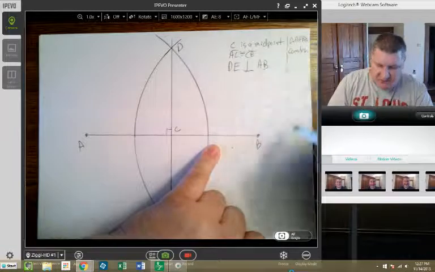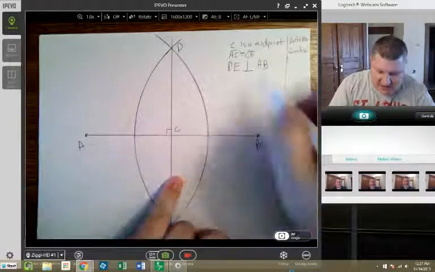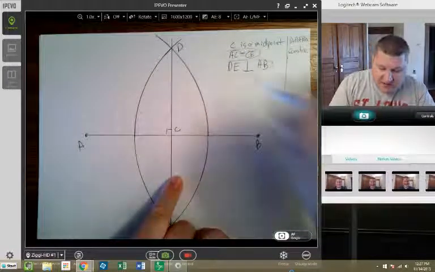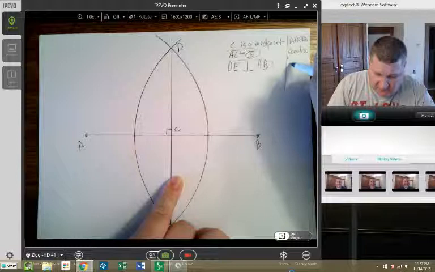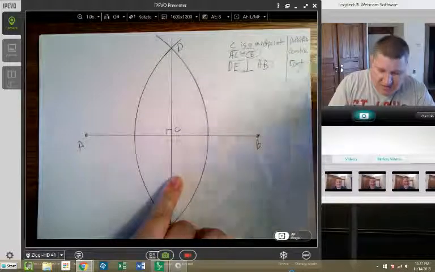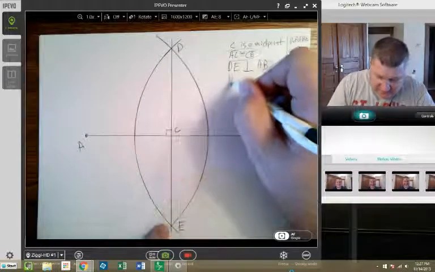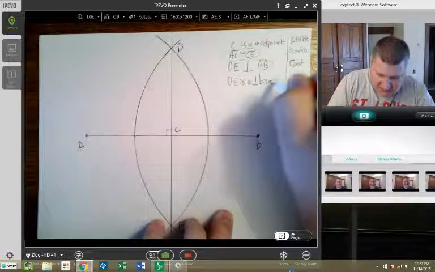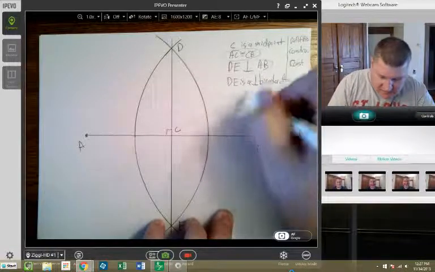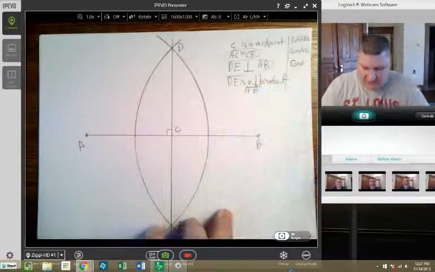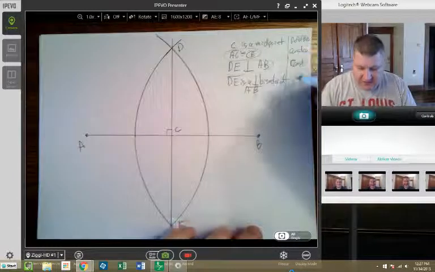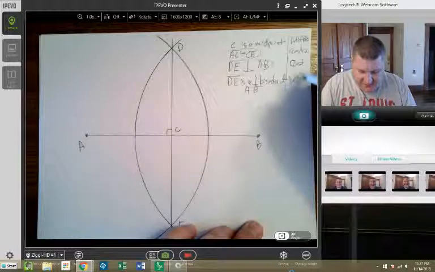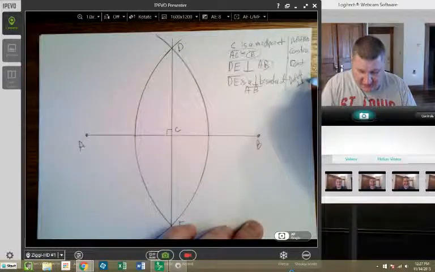Now, folks, if I have made a segment that is perpendicular and bisects, that means, and this was by construction, I can say that DE is a perpendicular bisector of AB. So DE is a perpendicular bisector of AB. And that would be by definition of perpendicular bisector.